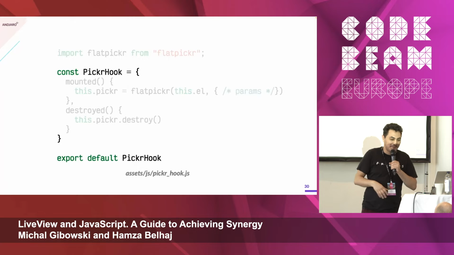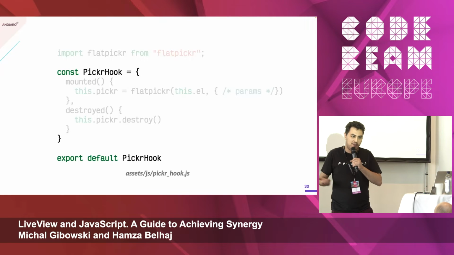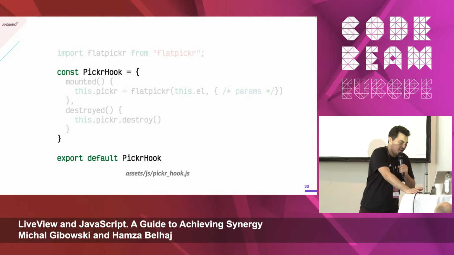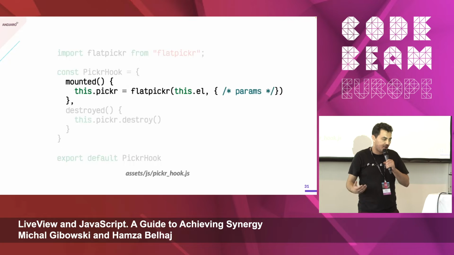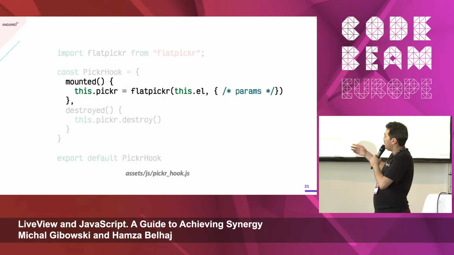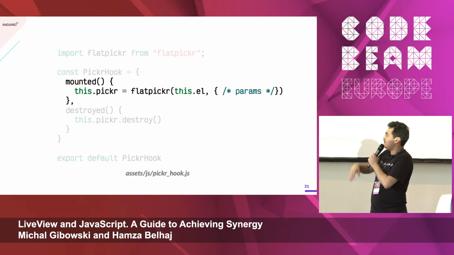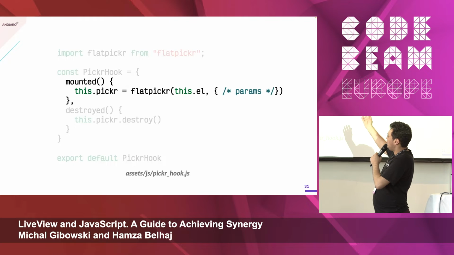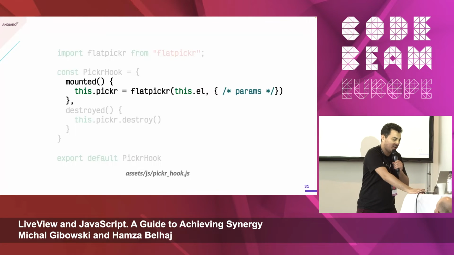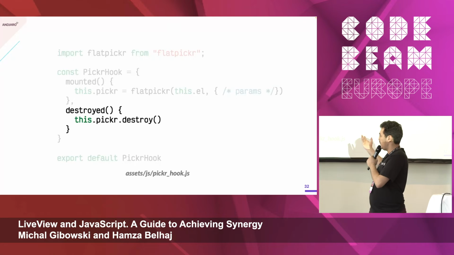Then we define our object and export it to be able to use it. And then we directly start implementing our callbacks. Whenever this div is mounted, we initialize a Flatpickr object, in this case. And when it is destroyed, we also destroy the object.